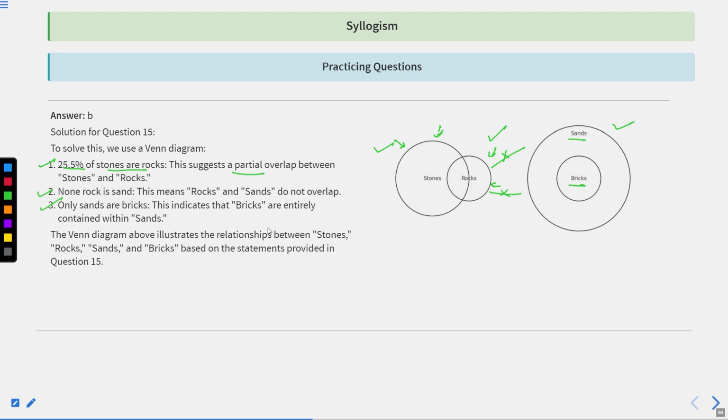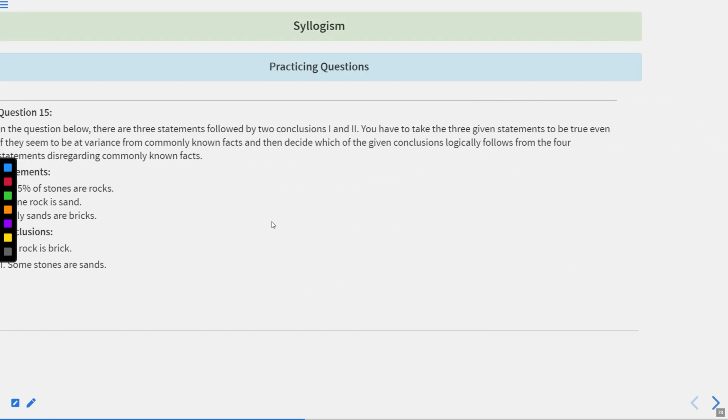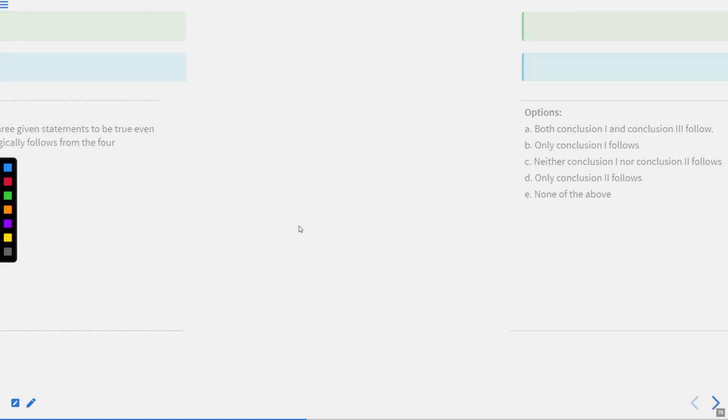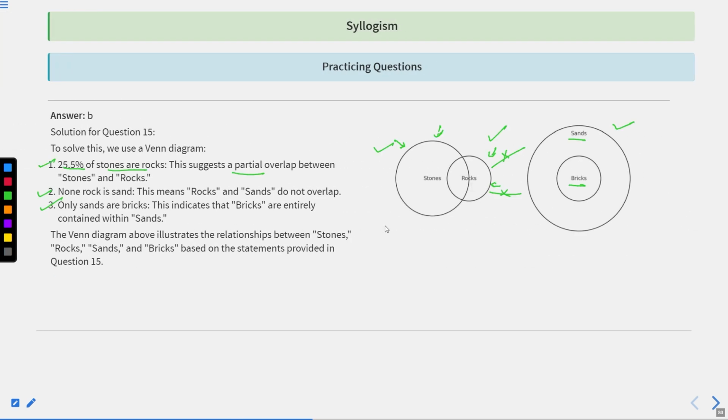Now, the second conclusion says that some stones are sands. Can we infer that? Is it possible? Is there any sort of link between sands and stones that we can infer from this particular Venn diagram as well as the statements?